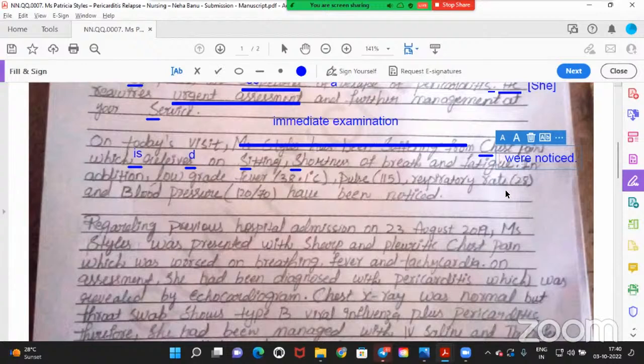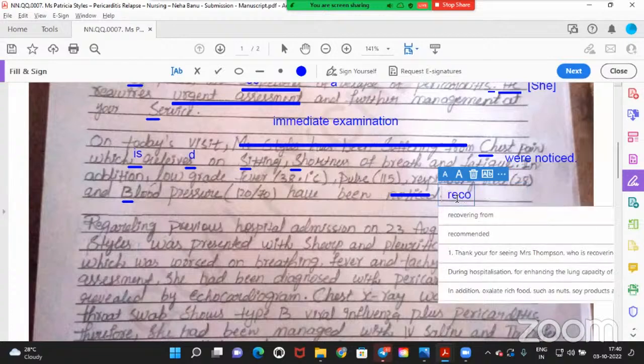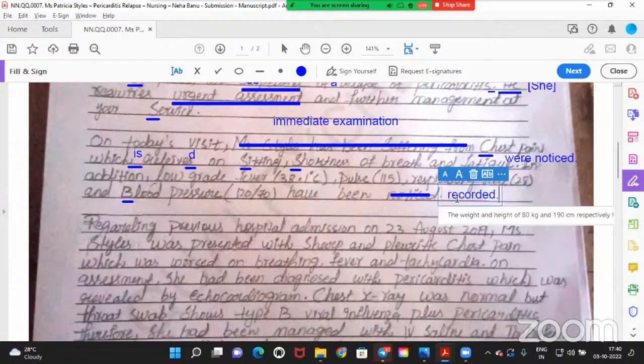Respiratory rate has been noticed. Blood pressure, why capital letter B? Have been recorded. You measured them. You cannot notice them. You will record a measure. Were measured, were recorded, or registered.